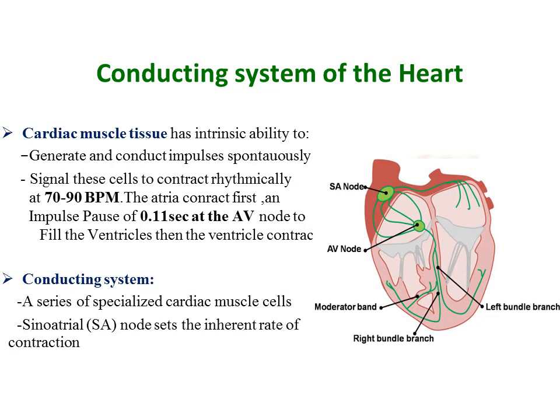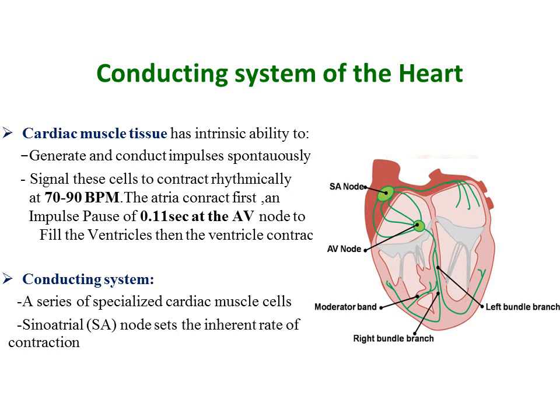Just to have a rapid look, we shall have a complete lecture and explanation about the conducting system of the heart, but just to orient ourselves now: it starts here in the right atrium, near the opening of the inferior vena cava, between the inferior and superior vena cava. We have the SA node, and some fibers connecting both atria together.